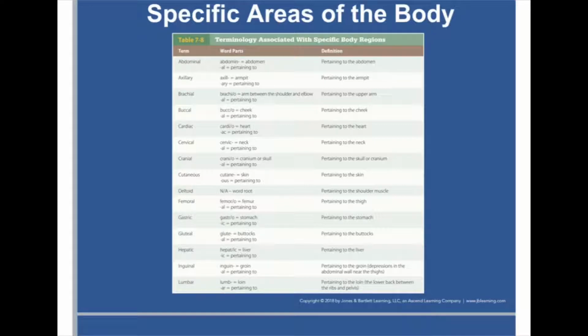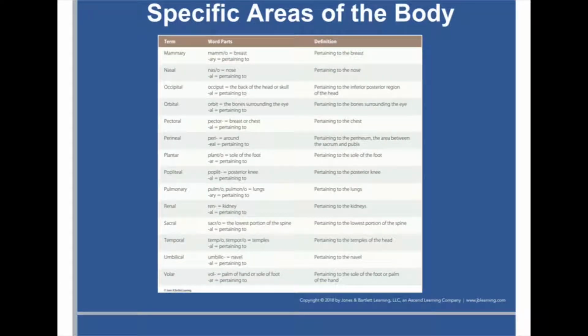You're probably already familiar with cranial. Cranial refers to the cranium or skull, right? And so a lot of these words, I'm not going to spend time on each one. I would encourage you to generate a flashcard or study these however works for you. And this chart here is a continuation of that. Like I said, not going to spend a lot of time on it.